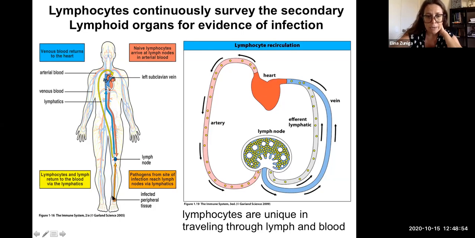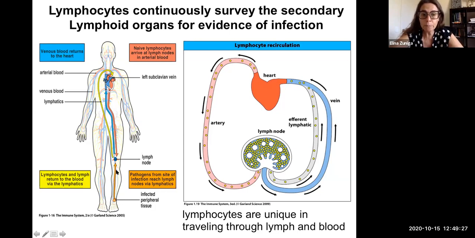In the meantime, the lymph is bringing antigens and cells containing antigens from the tissues into the lymph node. So the pathogens from the site of infection reach the lymph node via the lymphatics. And so the lymphocytes are surveying all the time these nodes, okay, and secondary lymphoid tissues.